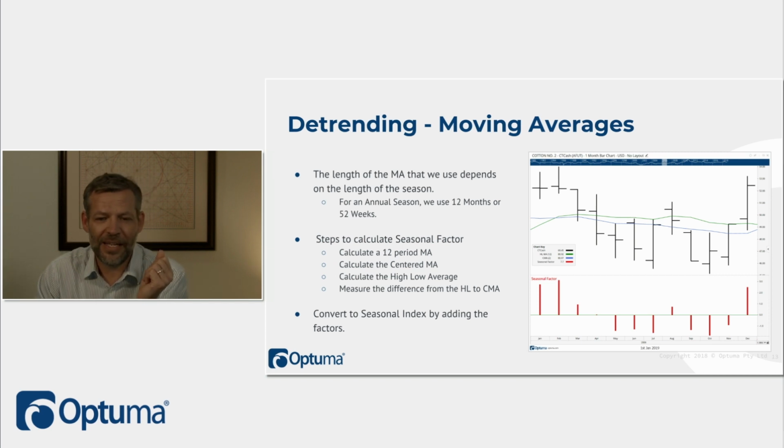Nevertheless, what we've done here is we've said with this blue line, let's take a 2-period average. So we take our 12-period line, and from that we're taking a 2-period value, and it's a centered moving average, meaning that we move it back 6 periods.